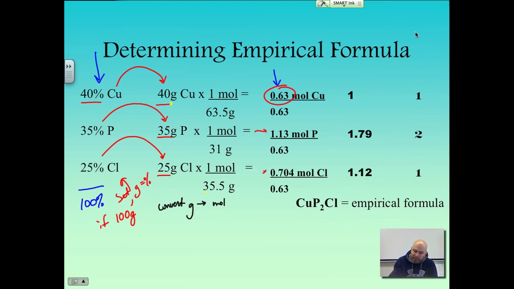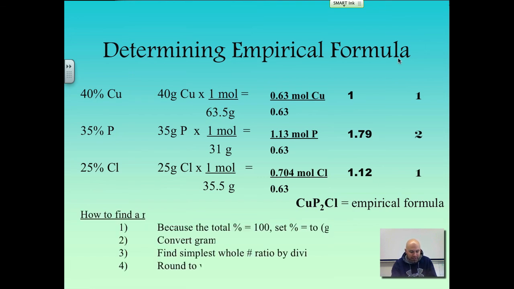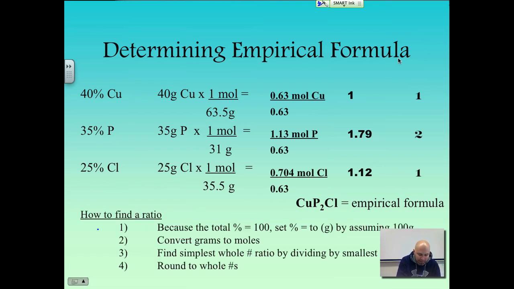I'll do another one in a moment, but basically I've got the steps outlined here underneath. Okay, so my first step is, because the percentage is equal to 100, you set percentage to grams by assuming you have 100 grams. So that's this first step. The next step is convert grams to moles. That's this step right here.